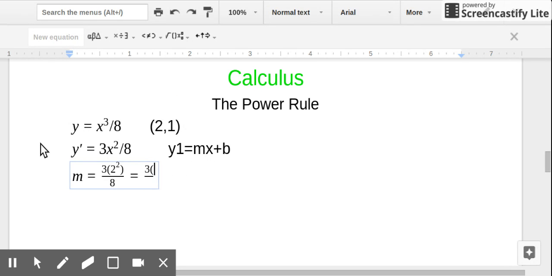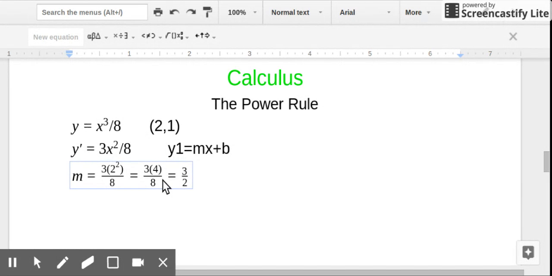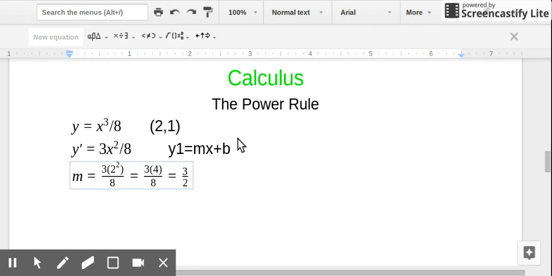Let's just write it out like this, or we're going to end up getting confused. Don't skip any steps. Start skipping steps, that's where mistakes are made. We can reduce this. 4 goes into 8 2 times, so this ends up with 3 over 2, or you could look at it as 1.5. The slope is 1.5. So there's our slope.